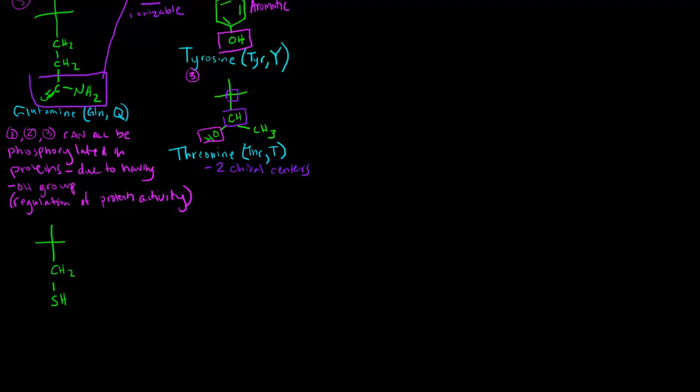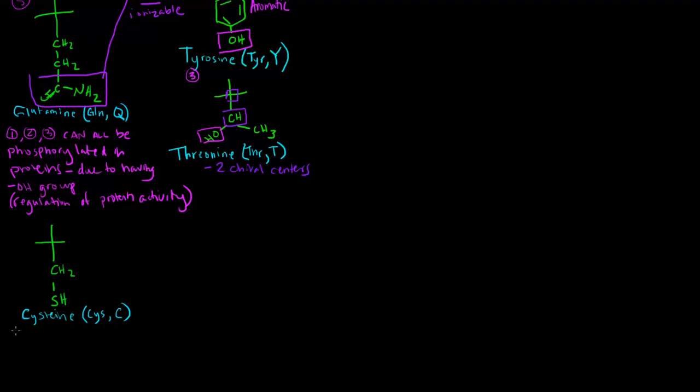Back to this last one here. This one is called cysteine, and this is a very important amino acid. It's one that you should be very familiar with. It's a pretty simple structure, but it's a very important amino acid. Its 3-letter code is CYS, and its 1-letter code is C. In the last video, we mentioned methionine as being one of the 2 sulfur-containing amino acids.